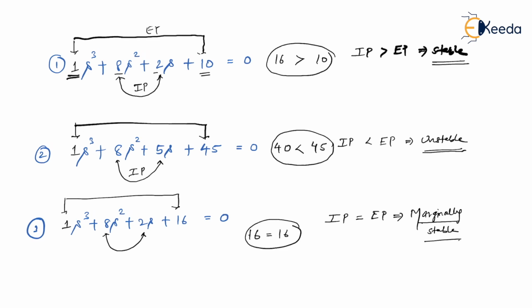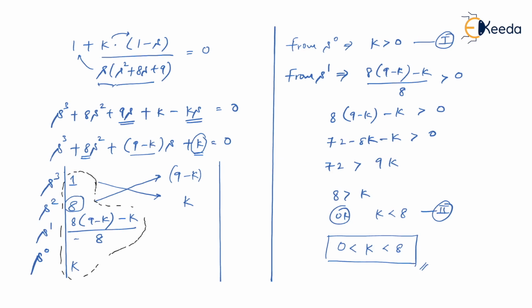So let me now show you a demo. If you apply this theory, wherever the characteristic equation has order equal to 3, it is going to save your time to a greater extent. Let's see how. If you remember, we have this equation.